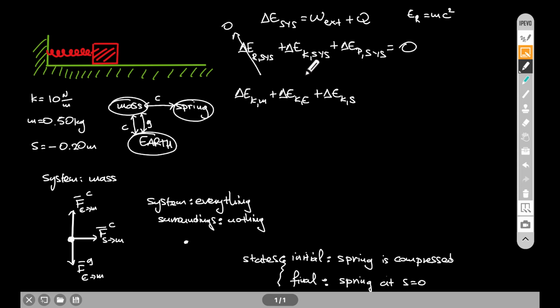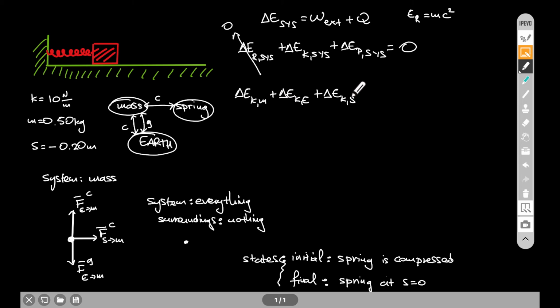I want to remind you, kinetic energy is about motion. My system includes 3 objects, and in general, each one of those 3 can move. So delta EK of the system becomes the change in the kinetic energy of the mass, the Earth, and the spring.